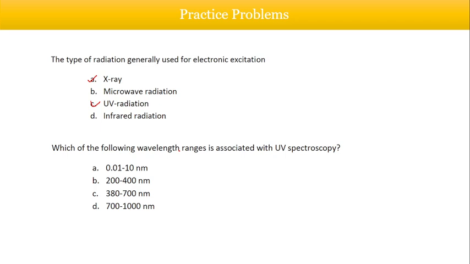The options given are 0.1 to 10 nanometer, then 200 to 400 nanometer, then 380 to 700 nanometer, and 700 to 1000 nanometer. 0.1 to 10 nanometer is for X-ray. 200 to 400 nanometer is for UV spectra. 380 to 700 nanometer is all known to us, it is in the visible region.